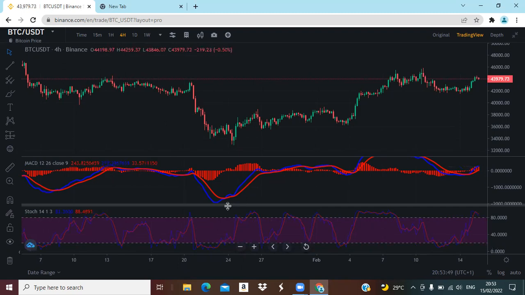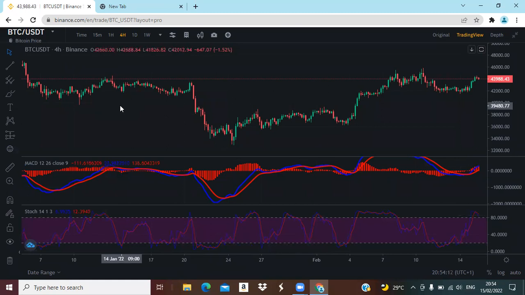So this curve, now you see this curve, it's a remit curve. Once you're seeing this curve coming into the market on the MACD, you see this curve here about to cross, and you see the stochastic at oversold condition.